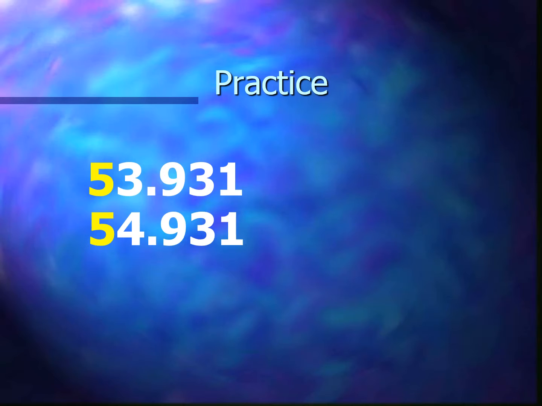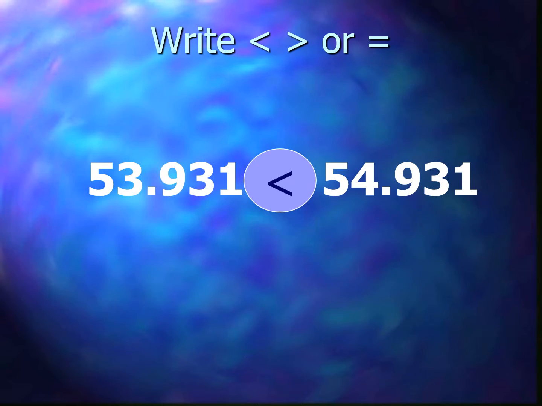So they're not going to tell which number is greater than or less than. So now we have to go to the next place value, which is the ones place. We see here that the 4 is greater than 3. So, you guessed it, 54 and 931 thousandths is greater than 53 and 931 thousandths.